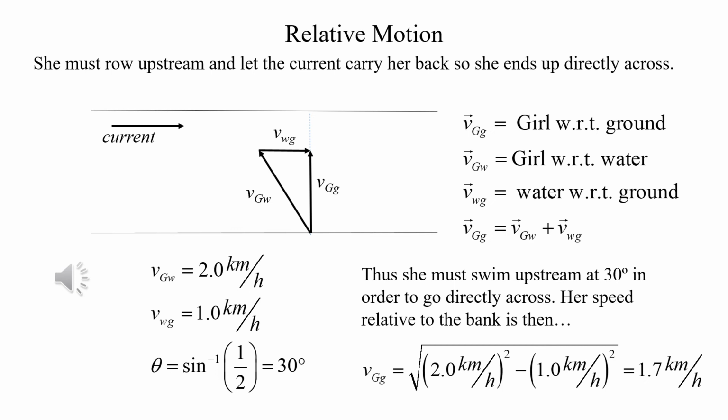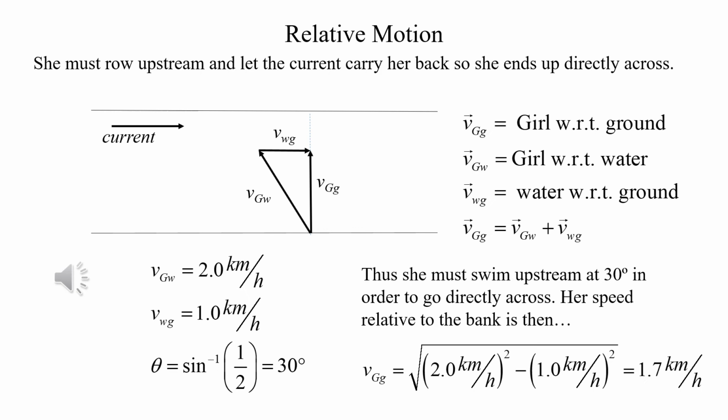So the velocity of the water with respect to the ground is one leg, the velocity of the girl with respect to the ground the other leg, and the velocity of the girl with respect to the water forms the hypotenuse of the right triangle. The velocity of the girl with respect to the water is how fast she can row. That's the 2 kilometers per hour. The velocity of the current is 1 kilometer per hour, and forms one of the legs.